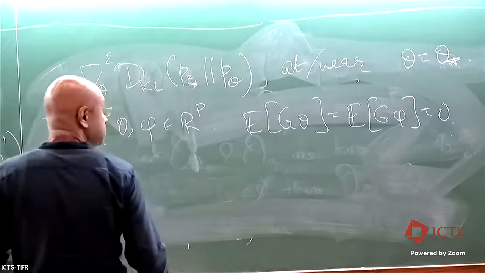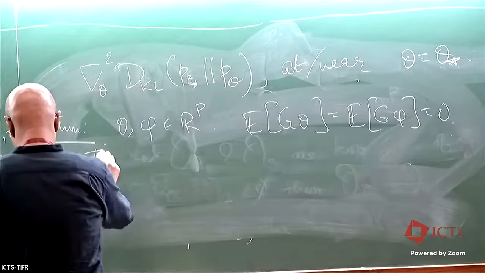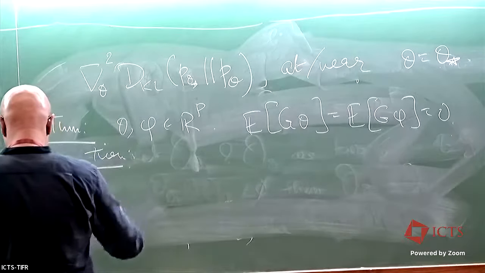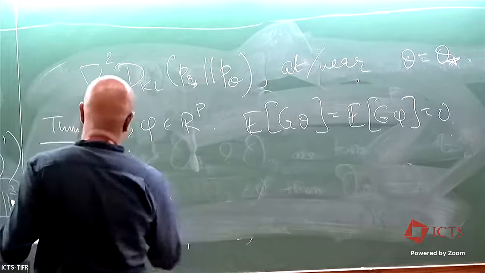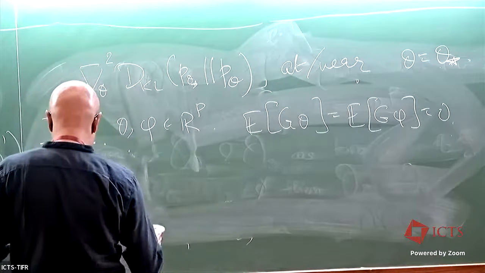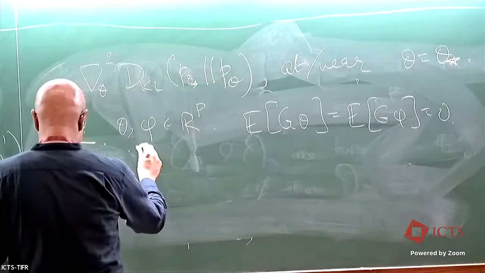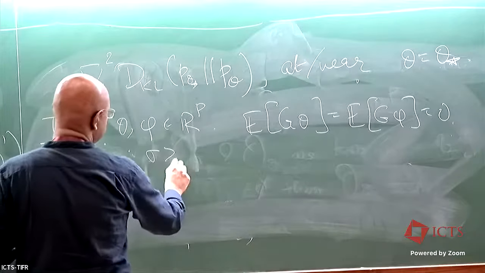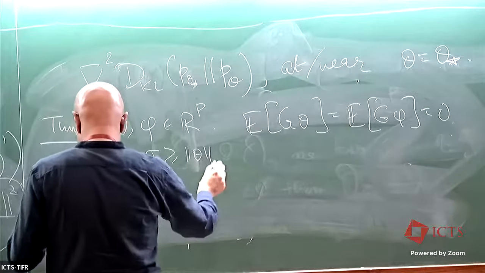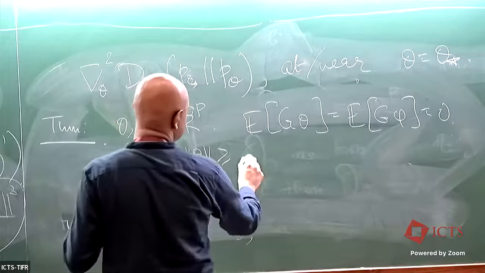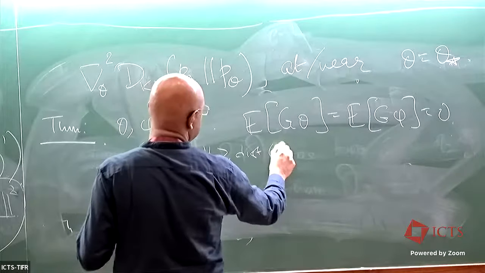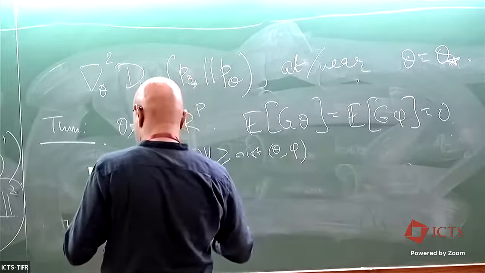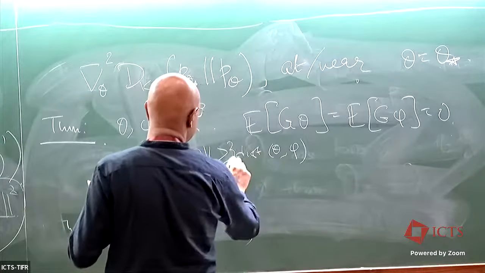And then some other bells and whistles: sigma has to be bigger than the L2 norm of theta, and the distance between theta and phi has to be smaller than 1/3 of this norm.